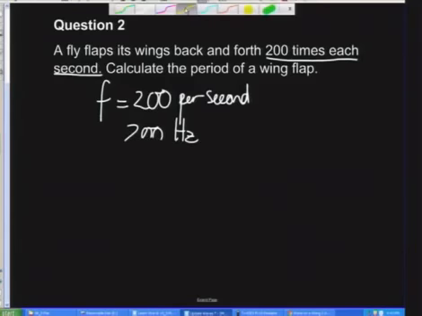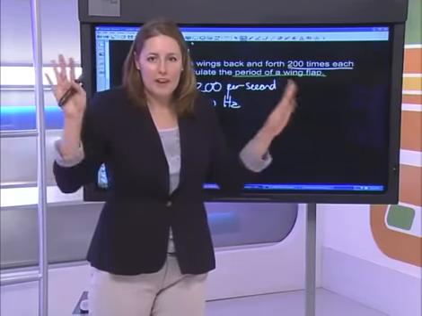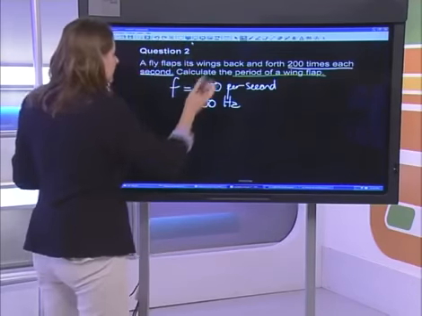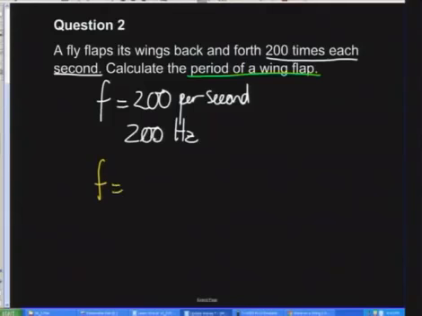Okay, we had 200 hertz. The question was, calculate the period of a wing flap. How long each wing flap would be for that little fly. And so I had the equation, frequency is 1 over the period.